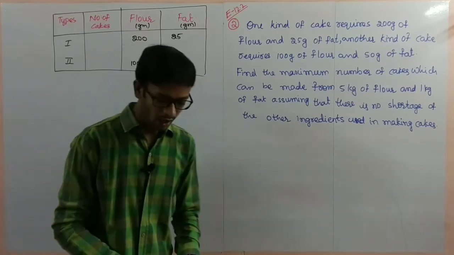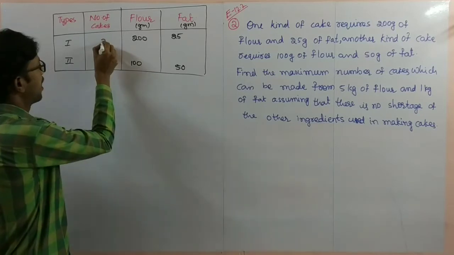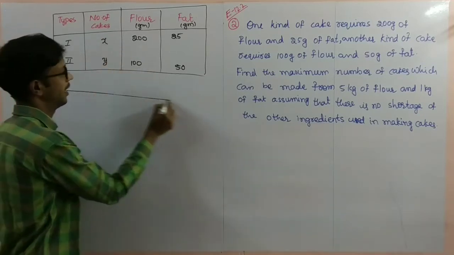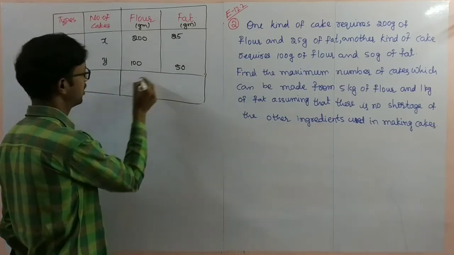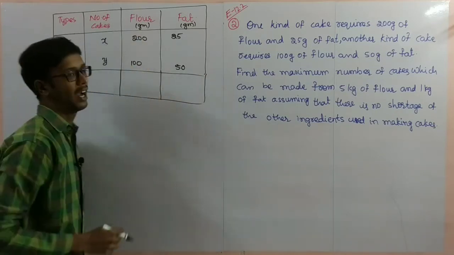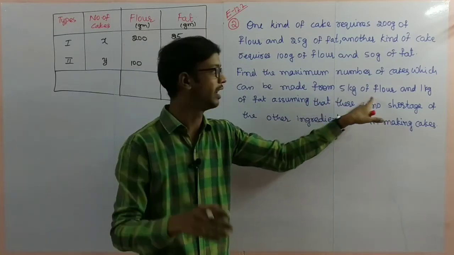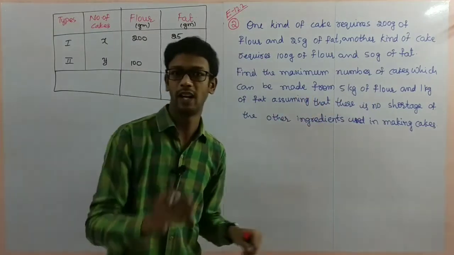So now I'll take the number of cakes x and y. And what are the restrictions for flour and fat? Flour, 5 kg is the highest value.